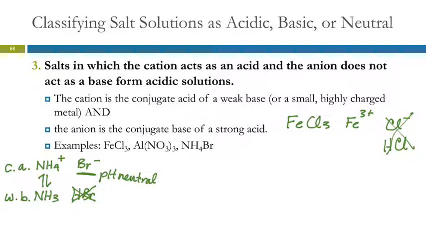So the Fe3 plus acts as an acid, right? So we're going to get an acidic solution. And, you know, the book gives you the formulas and how it makes the complex ion and stuff. And we'll understand that more when we talk about complex ions. For now, just remember Al3 plus and Fe3 plus act like acids.